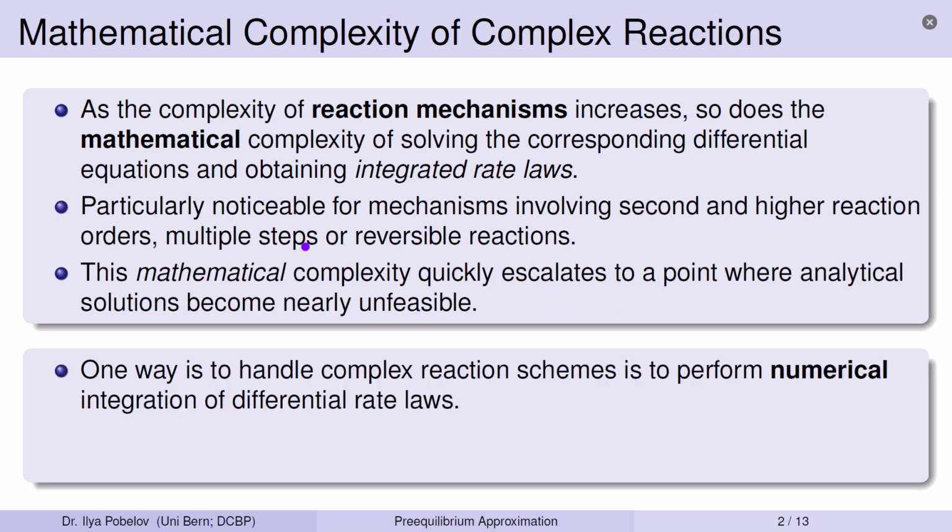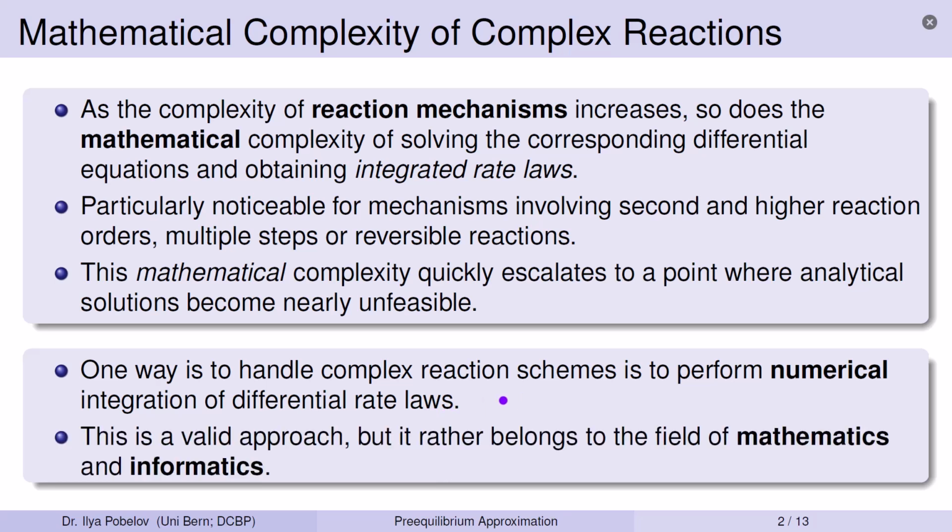One way to handle complex reaction schemes is to perform numerical integration of differential rate laws. This is a valid approach, but it rather belongs to the field of mathematics and informatics and is beyond the scope of this course.